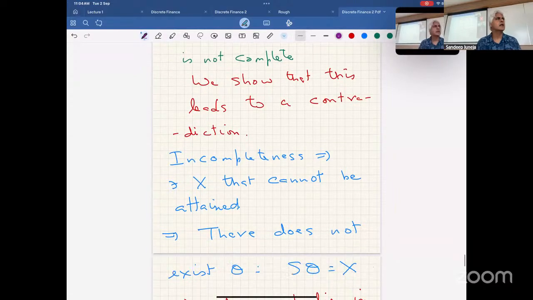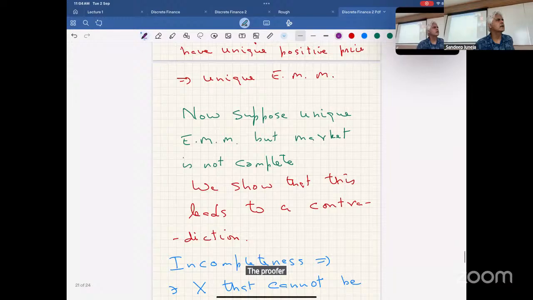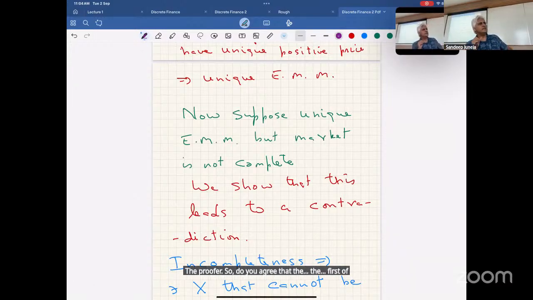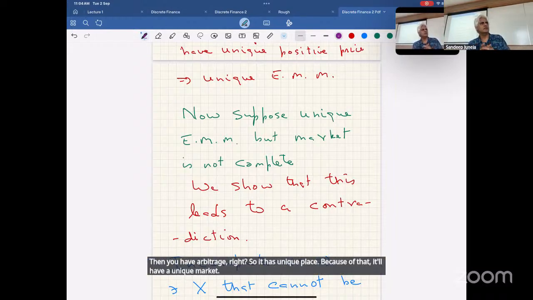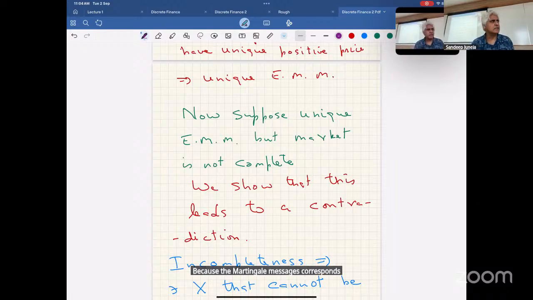Do you agree that, first of all, each elementary security can be priced, because the market is complete? And each elementary security will have a unique positive state price. It can't have two state prices, because then you have arbitrage. Because of that, you'll have a unique martingale measure, since the martingale measure just corresponds to normalizing it.